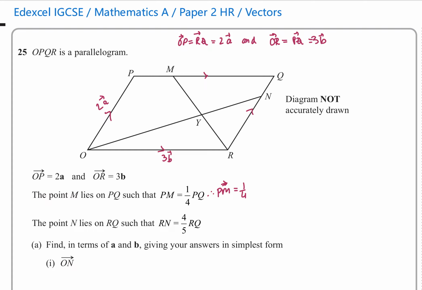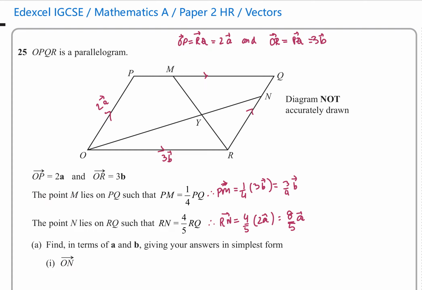PQ is 3B, so 1/4 times 3B is equal to 3/4 B. And vector RN is equal to 4/5 times RQ, that is 2A, so that is equal to 8/5 A.